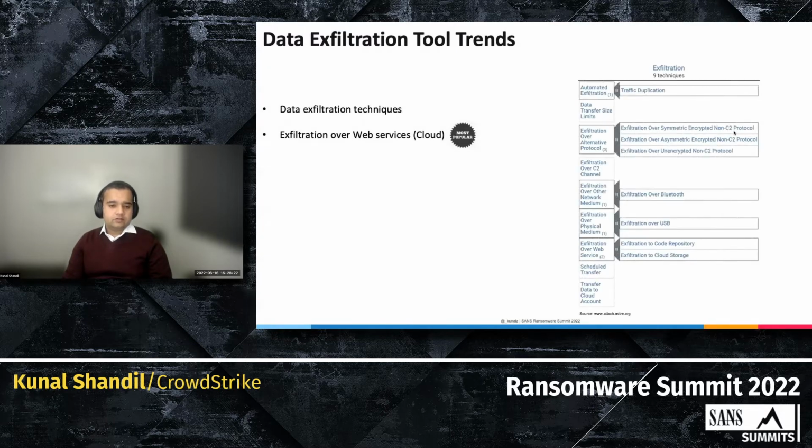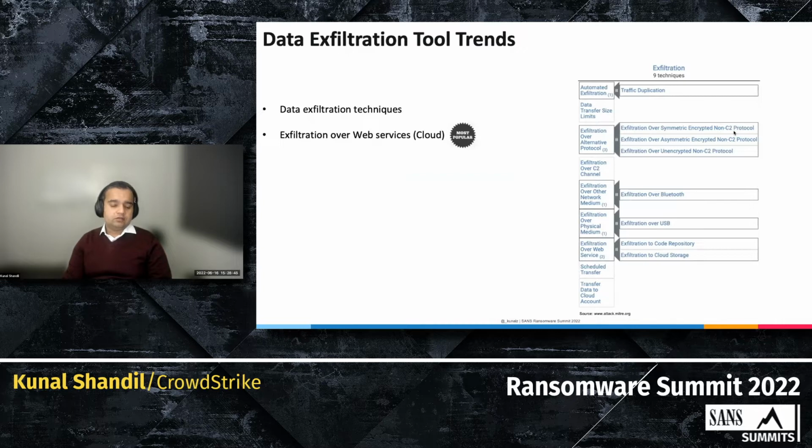The MITRE ATT&CK framework talks about 9 different exfiltration techniques to exfiltrate the data out of the environment. However, in this particular talk, we will be covering only the exfiltration that happens over web services, because this is one of the easiest techniques used by threat actors to exfiltrate the data.